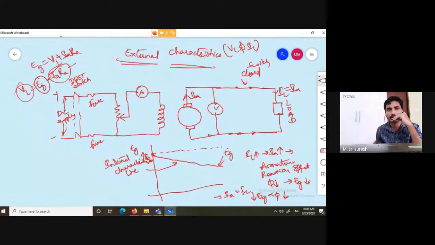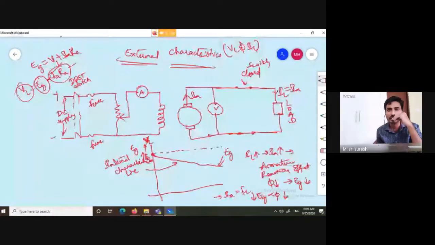We take another scale on the y-axis as V, which is nothing but VL here. So VL is obtained from EG. EG is this line. If you subtract the IARA from this EG line, we'll get the V value.